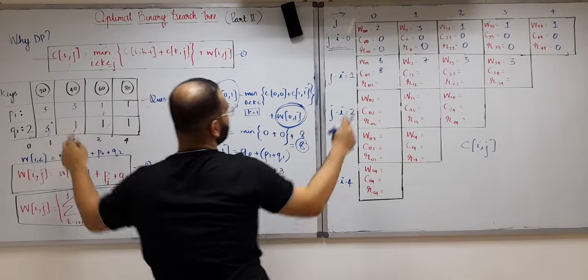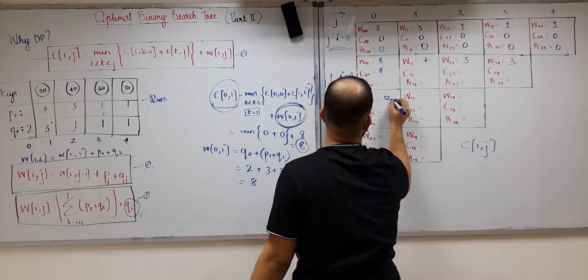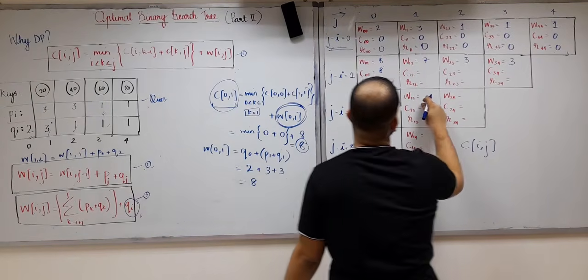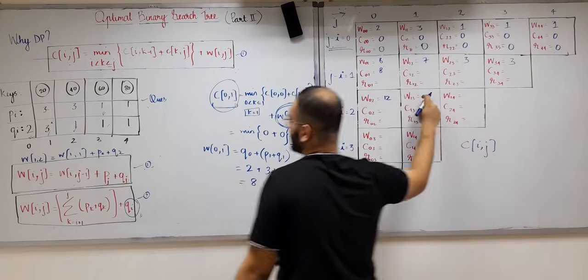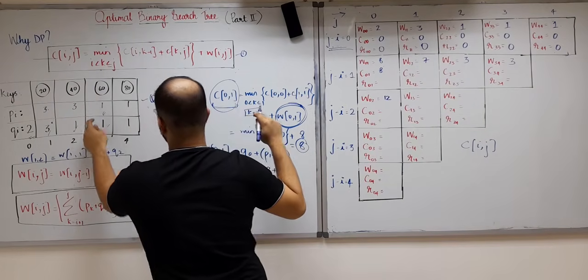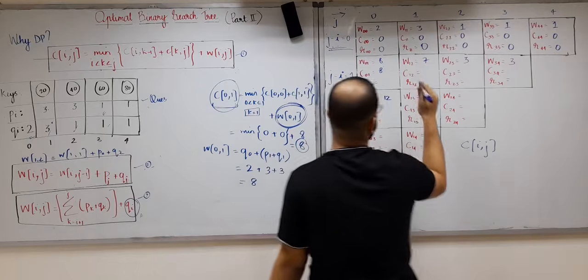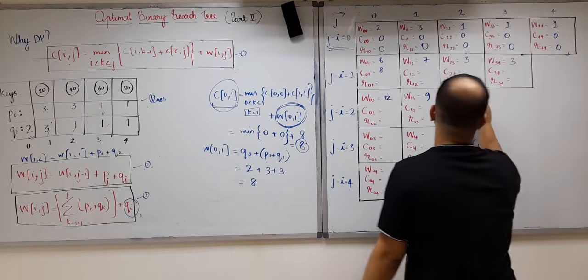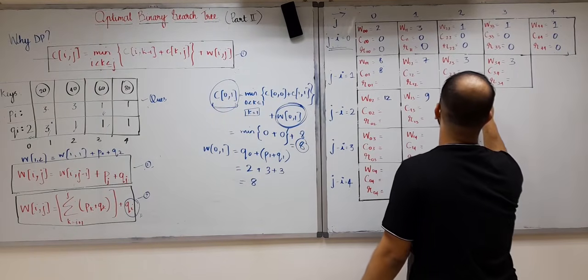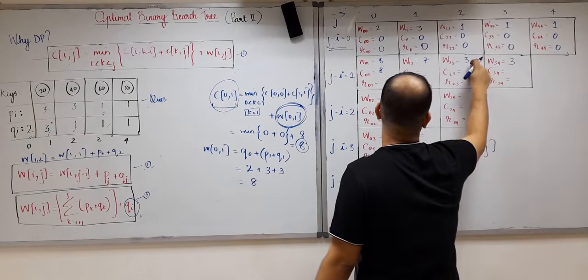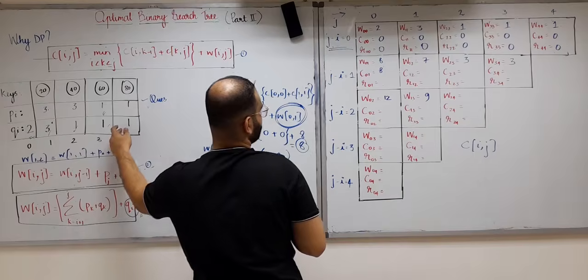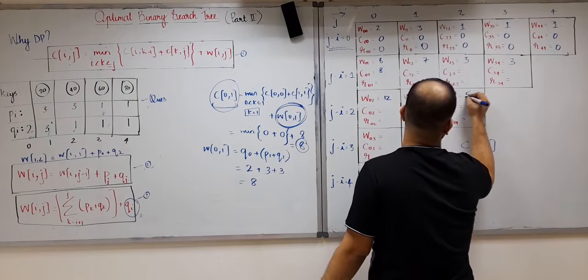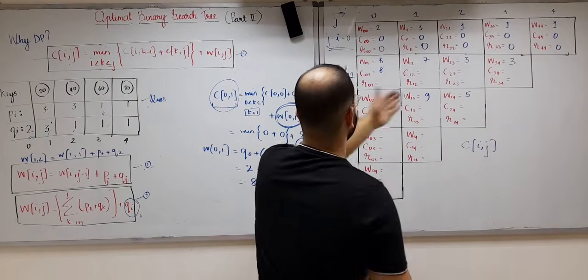So 4 plus 8, that is 12. So W1 comma 3 will be equal to W1 comma 2, that is 7, plus P3, 1 plus 1, that is 2. So 7 plus 2, 9. And W2 comma 4 will be equal to W2 comma 3, that is 3, plus P4 plus Q4, that is 2. So 3 plus 2 is equal to 5.